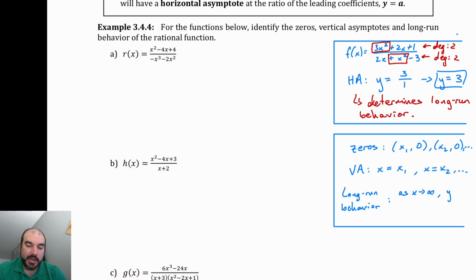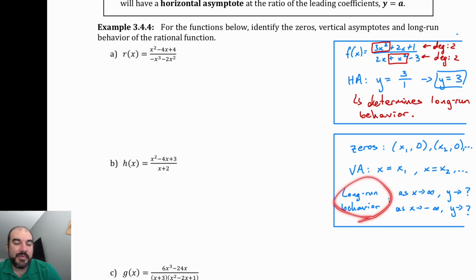I'm just going to put y here. y goes to something. That's what you're trying to find there. And then as x goes to negative infinity, y will go to something as well. So long run behavior is what's happening to the y values as x goes to infinity and negative infinity.